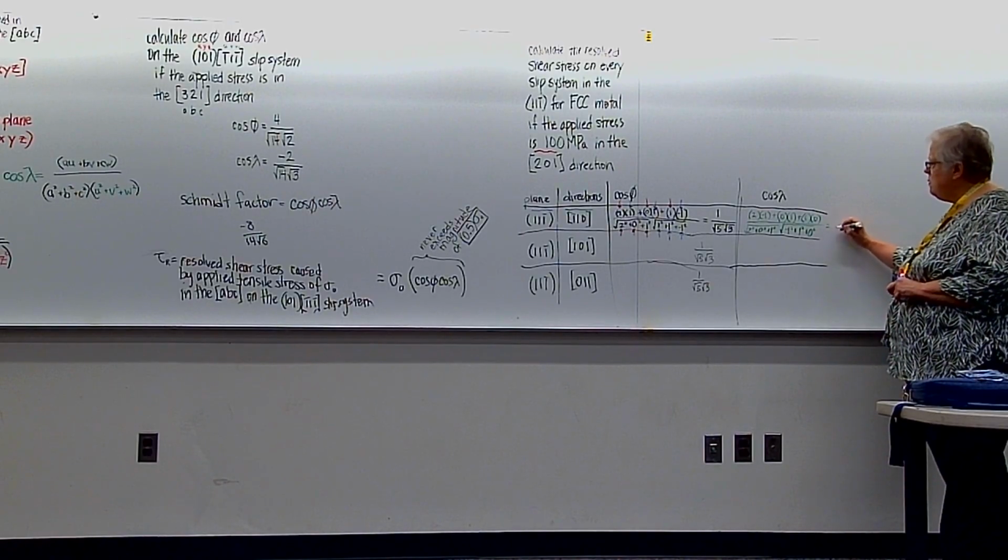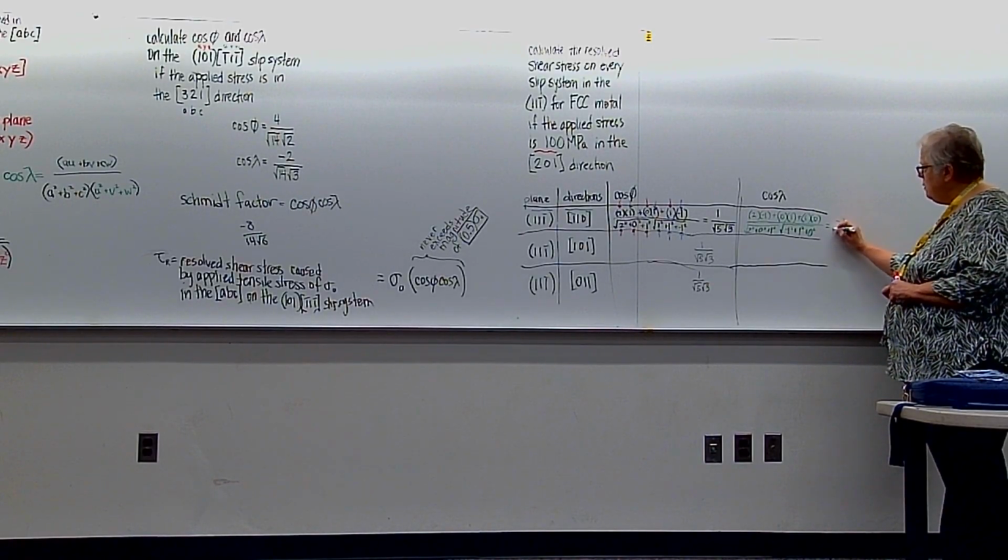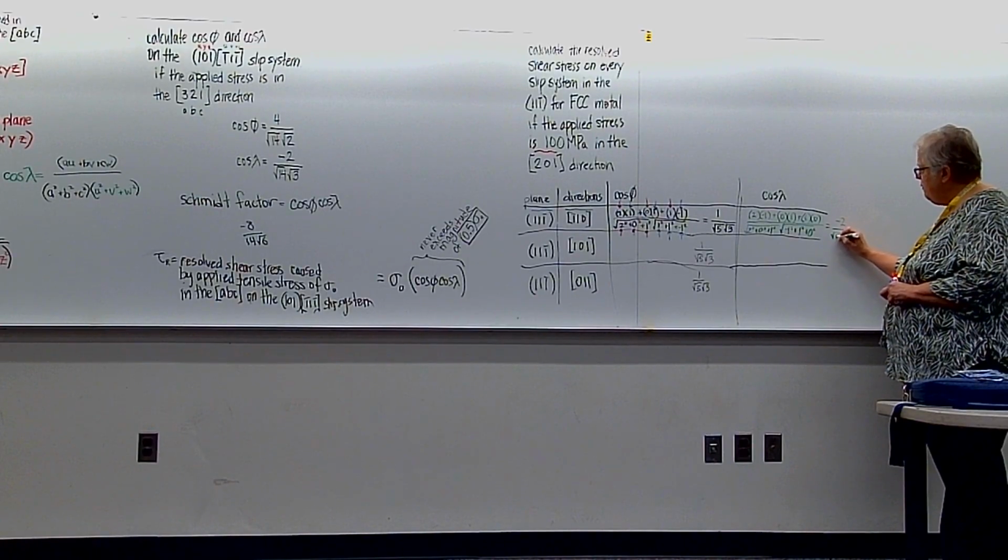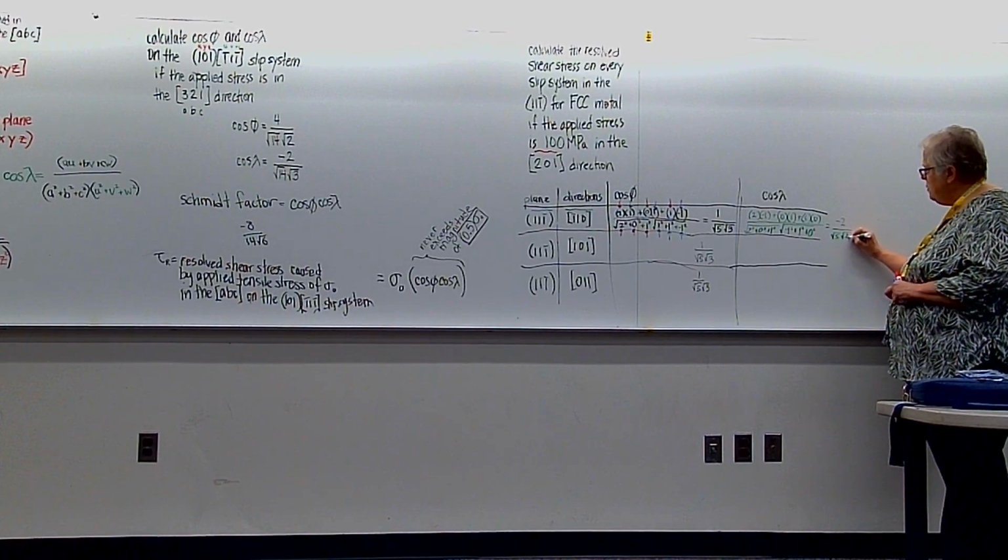That's equal to -2 over the square root of 5, square root of 2.